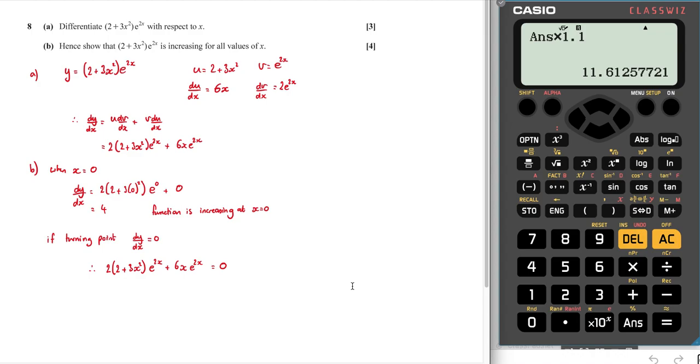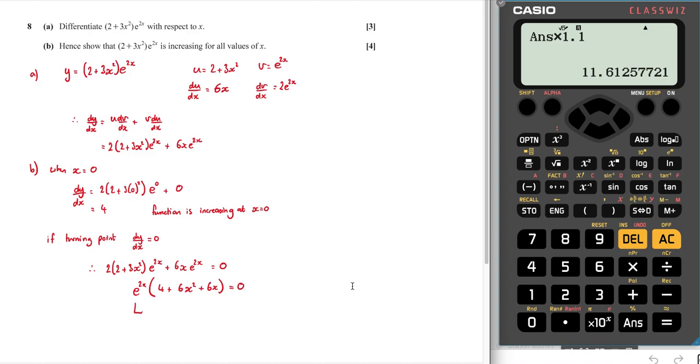Now here I am going to start thinking about factorising it out. Common mistake would be to divide through by e to the 2x. Don't do that, you lose some solutions, although they're not helpful to us. So I've got e to the 2x that I can factorise out. So then I'm going to have 4 plus 6x squared plus 6x is equal to 0.